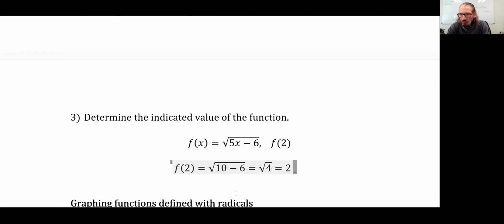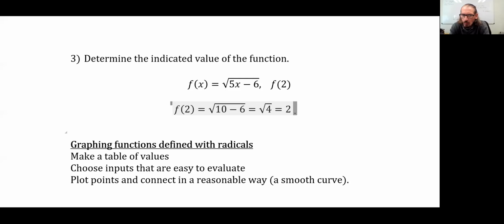Based on those few examples, this should give us an idea of what we could do to graph radical functions. So here is our scheme for graphing radical functions. And the table of values, the x's we want to put in, number one, we want to make sure that when we do the work under the radical, that we get something that is going to be in the domain, and 2, something that's easy to calculate, something that we could do quickly in our head instead of running to grab a calculator and having to type in several things.